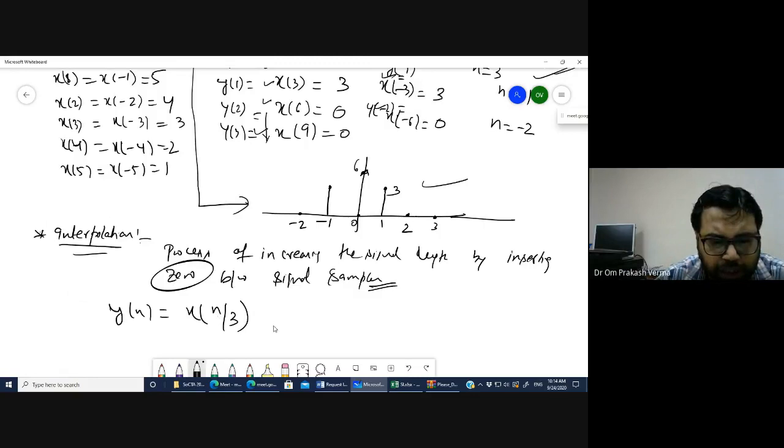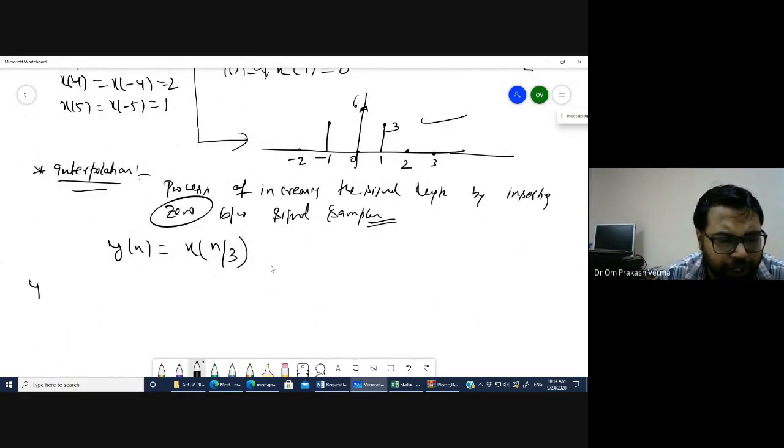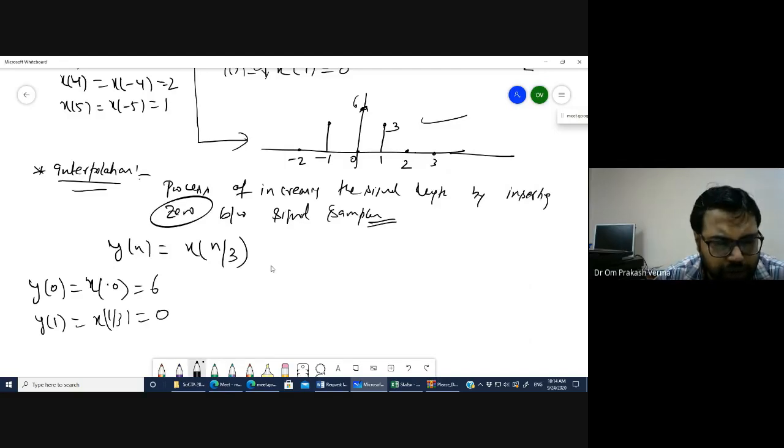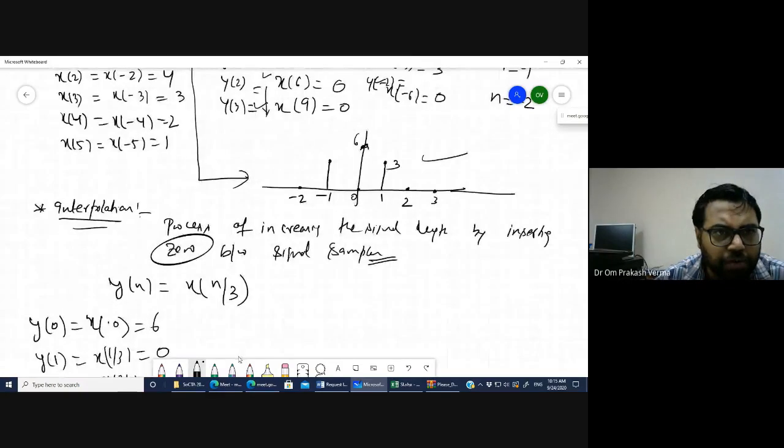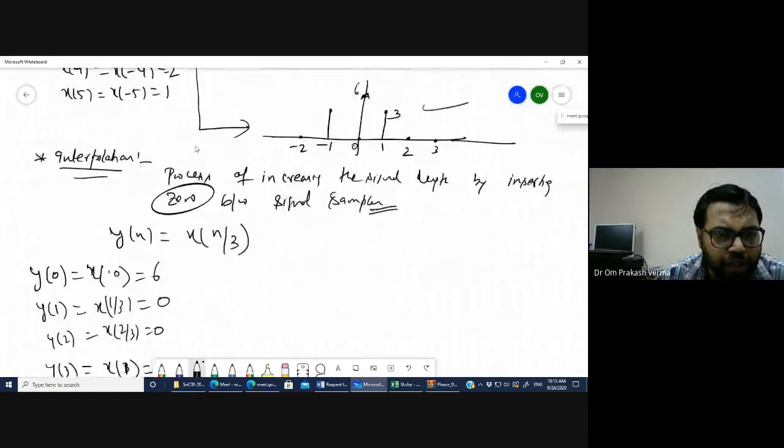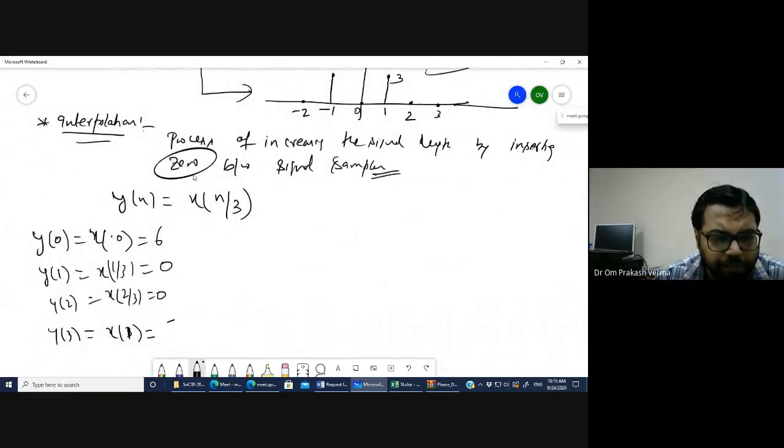So how is it solved? y0: x of 0 is 6. y1: x of 1 by 3 is nothing, 0. y2: x of 2 by 3 is again 0. However, y3, that is x of 3 by 3, is x1, and x1 is nothing but 5.